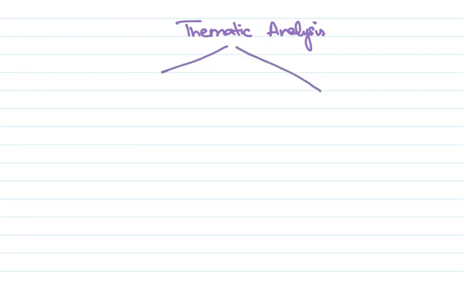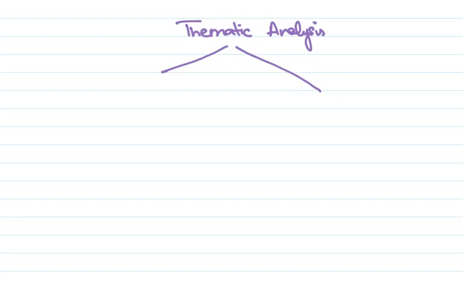But when I talk about two different kinds of thematic analysis, what I mean by that is that when researchers are doing thematic analysis, depending on your research question, they might have different ways of approaching the data that they've gathered, right? So thematic analysis is best suited to these two different approaches, right?